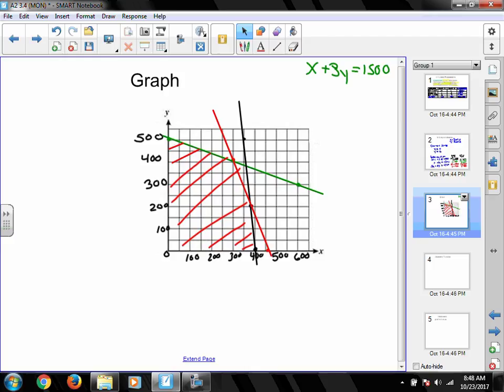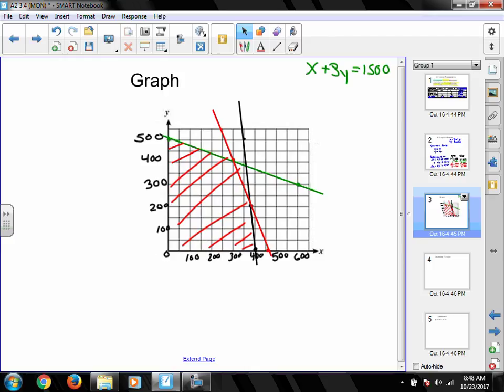I'm going to show you how I got some of my points. I know this one doesn't show a lot of our x and our y intercepts, so I'm going to show you how to get some more points even if you don't have those on there. The reason being is we want to be zoomed in on where these lines are going to cross and give us the best picture possible.